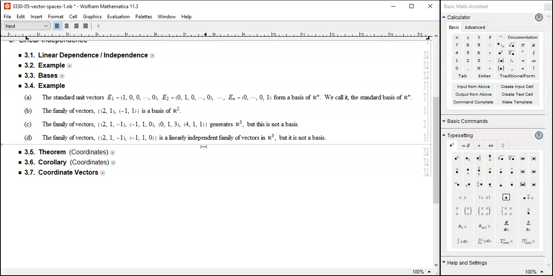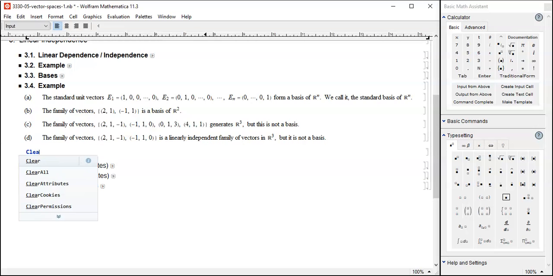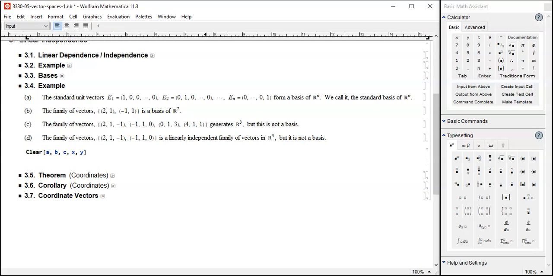Okay, let's see if I can work it out with Mathematica. First, generating: (a, b, c) is arbitrary, x times (2, 1, -1) plus y times (-1, 1, 0).